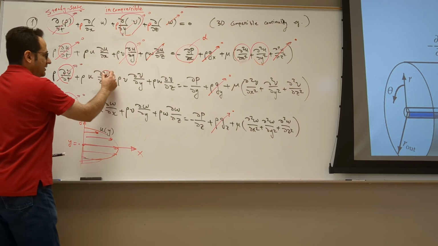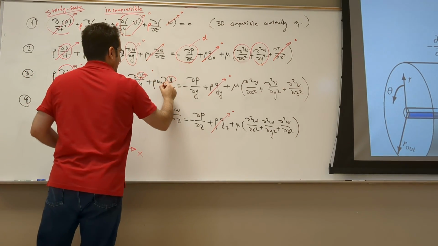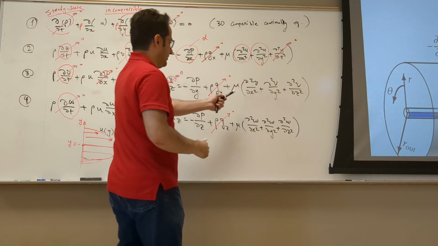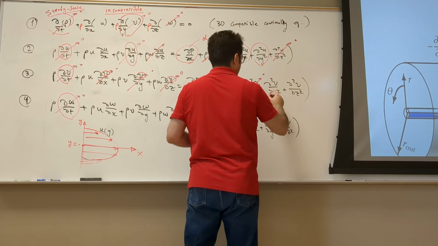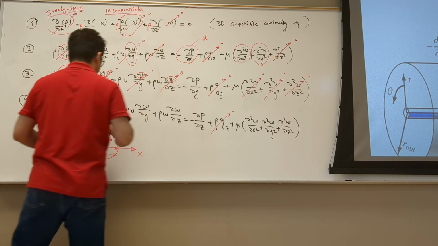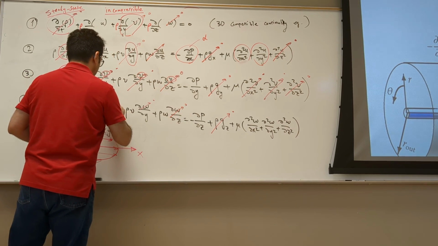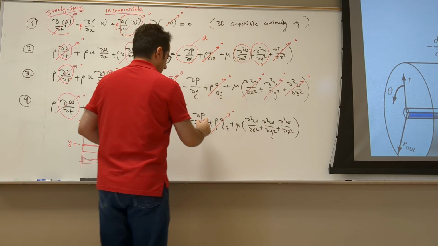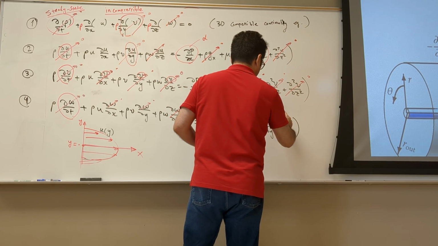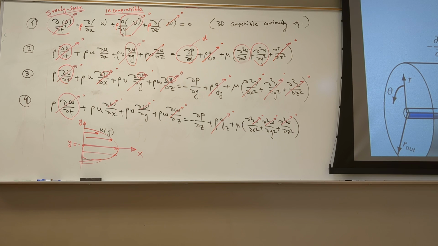Everywhere v is zero, so all these derivatives are zero. What about these terms? The w is zero everywhere, so these are zero as well. Most of the terms become zero except some terms.